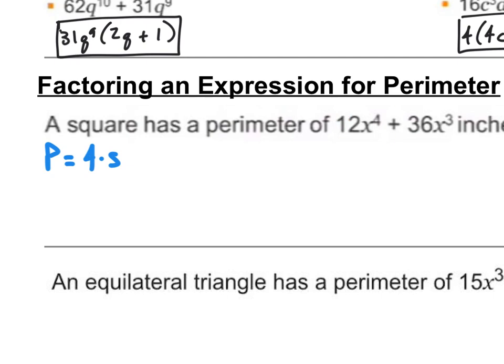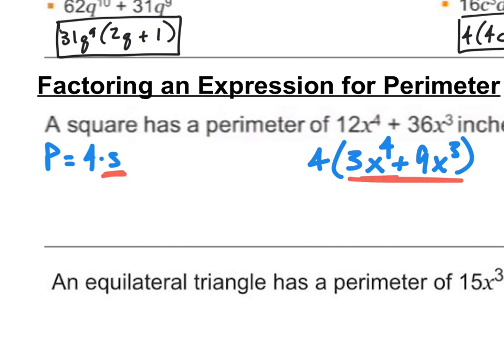And so if I factored a 4 out of this polynomial, then we're just left with 3x to the 4th plus 9x cubed. And so then our side length matches this part right here. So our side length is equal to 3x to the 4th plus 9x cubed.